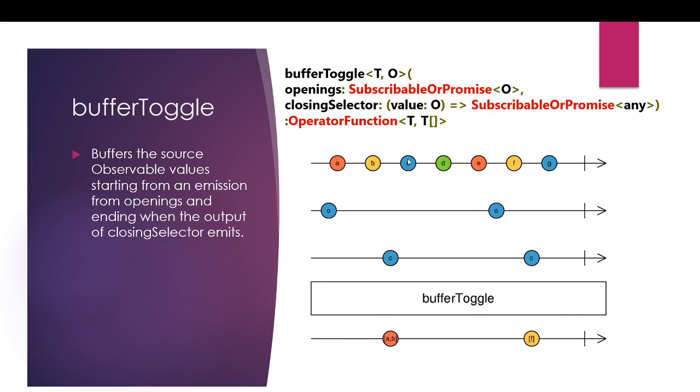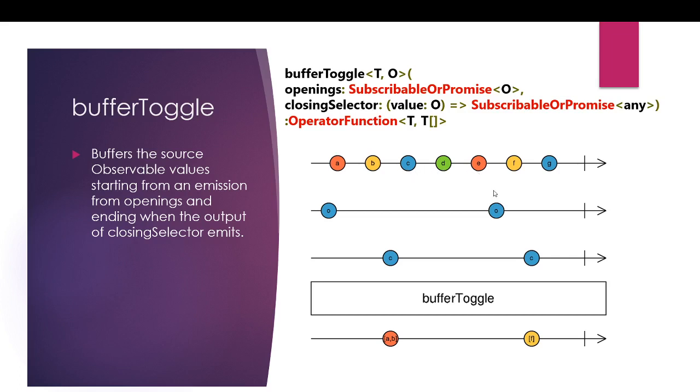Similarly, after that, c and d are not going to be stored in the buffer, because my previous buffer was already closed and no other value was emitted by my opening subscribable. So c, d and e are going to be missed.